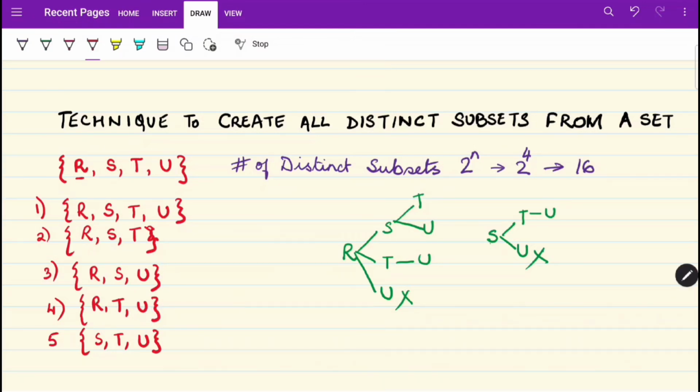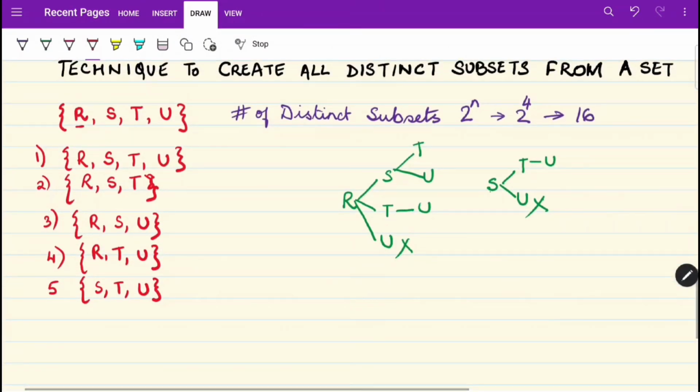All right. So now we start with combinations of size 2 and we follow the same process. All right. So again, you're going to create a tree. So from R, you can get either S or a T or a U, correct? Now, you don't need to go another time because this time we only need combinations of size 2.